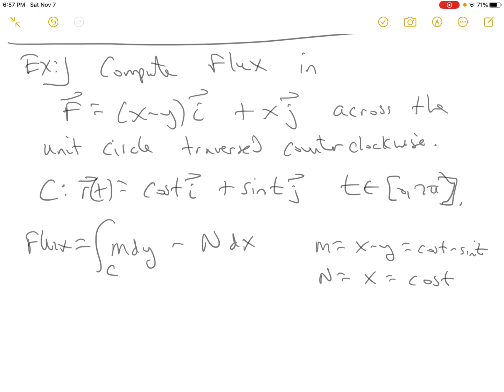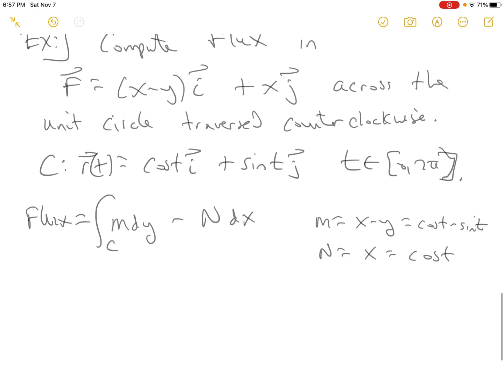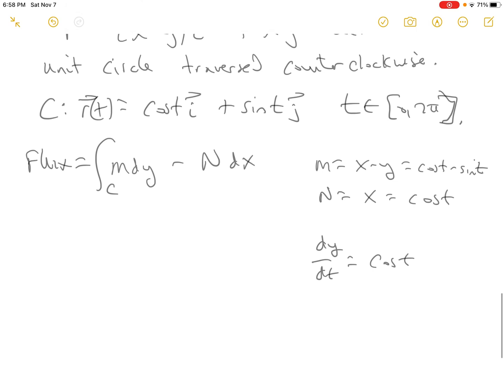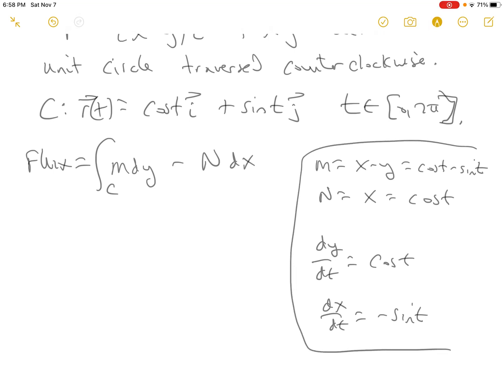Now for the fun part. What's dy? So dy dt is the derivative of sine, which is cosine. And what's dx dt? Dx dt is minus sine t, right? So this is scratch work over here. Okay.